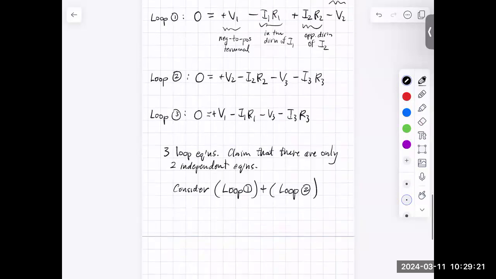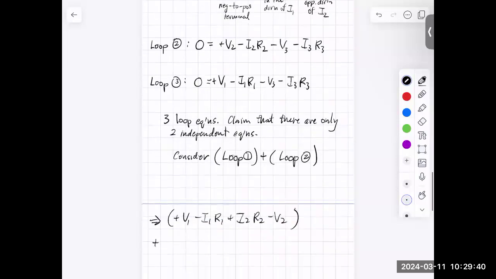So if we did that addition, I'll just write out everything. Loop 1 will be plus V1 minus I1 R1 plus I2 R2 minus V2. We're going to add to that loop 2, which is V2 minus I2 R2 minus V3 minus I3 R3.